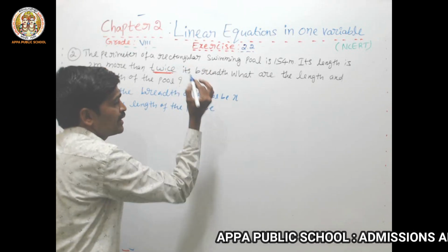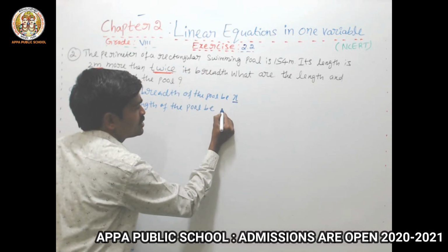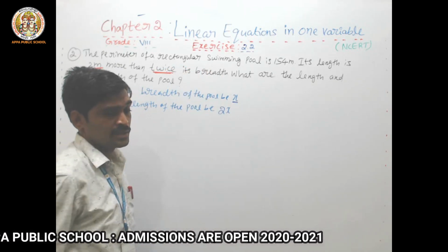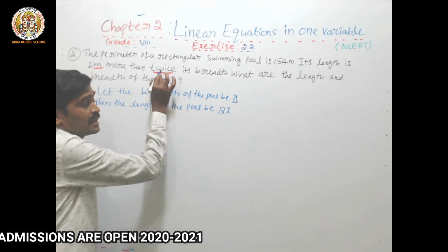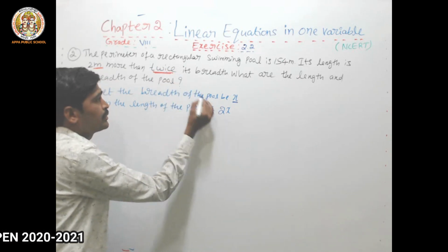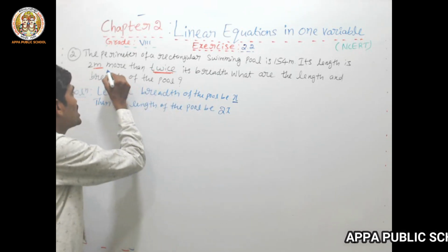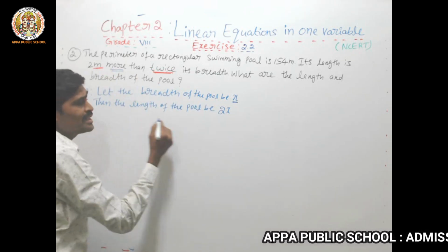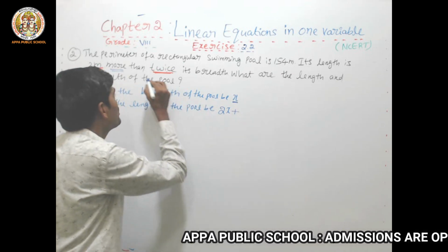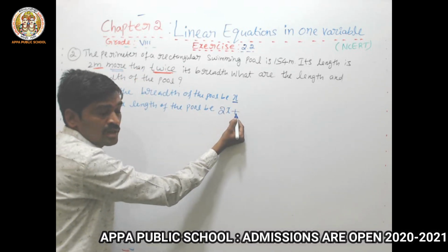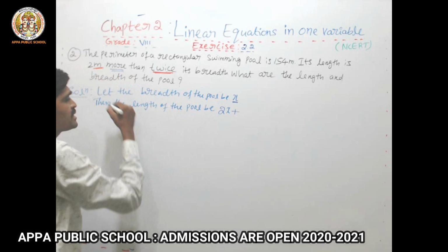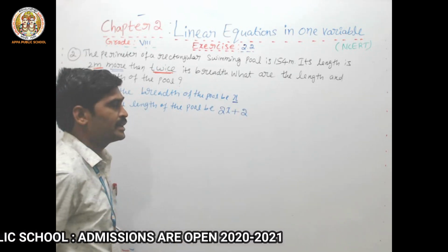That's why breadth is x, twice of its breadth means you have to take 2x. Suppose here thrice, 3x you have to take. 4 times of its breadth, 4x have to take. Understood? Again, in the statement if they give more, it means addition. Suppose in the statement they give less, then we have to go for subtraction. Here 2x plus 2. Understood?